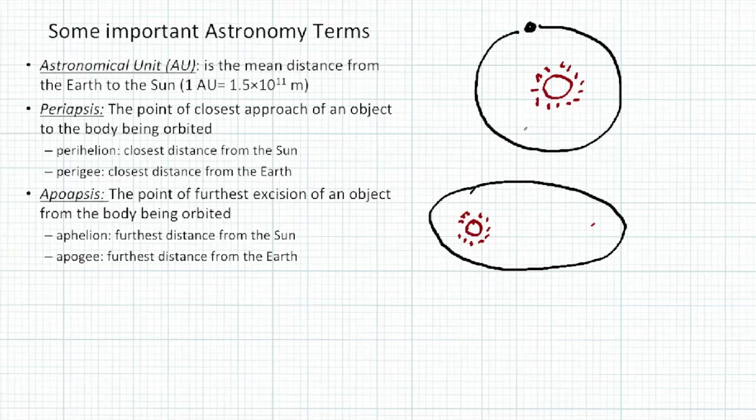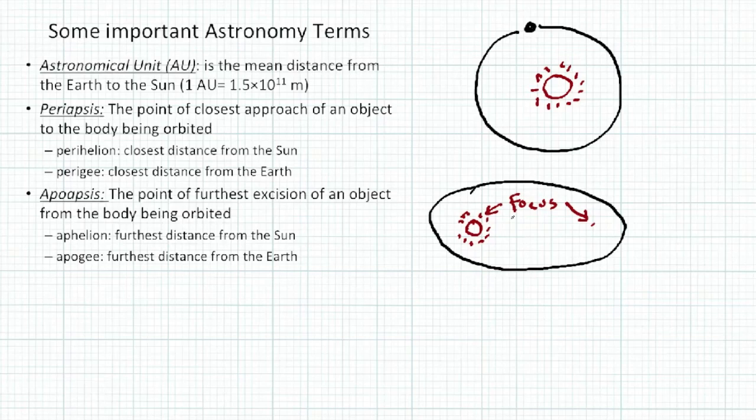Now the point where the Sun is and this other point where nothing exists, both of them are called a focus, and the plural of that is foci. But each of these things is a focus, there and right there. And both of these foci, depending on how far apart they are, determine the shape of this ellipse. But I'm getting a little ahead of myself right now.